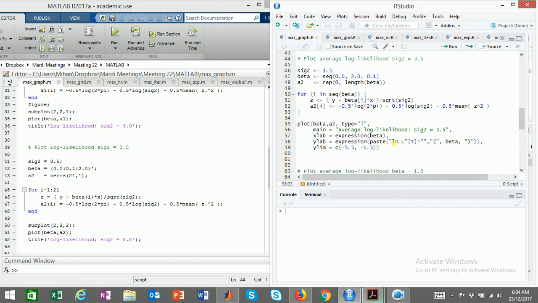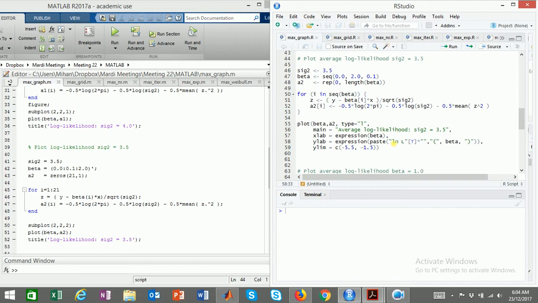What is within paste? In the first inverted comma you have log L. Then there comes a second inverted comma, which begins with t and a multiplication sign. The second inverted comma ends, and the first inverted comma ends, then comma, then again we have a first inverted comma, then you start a bracket within which you do a second inverted comma, which is nothing, just for space, then comma, then beta.